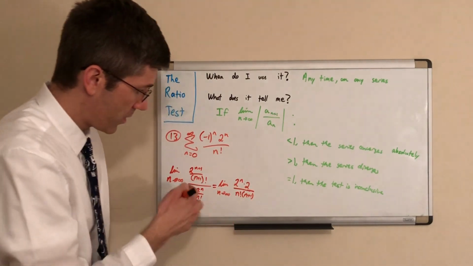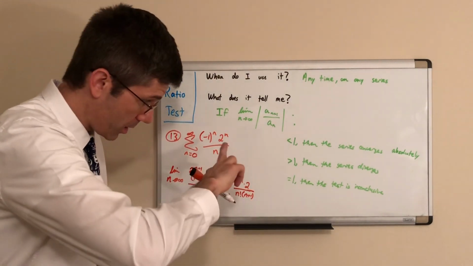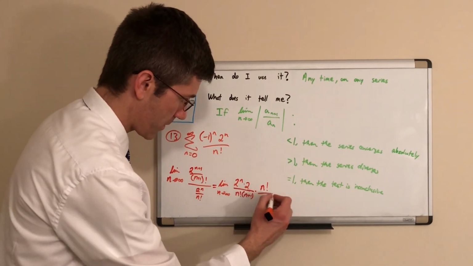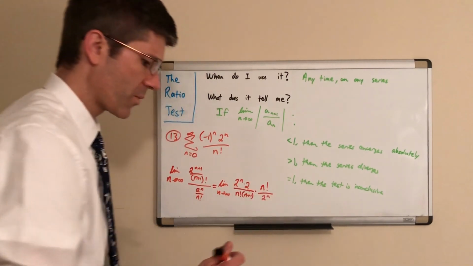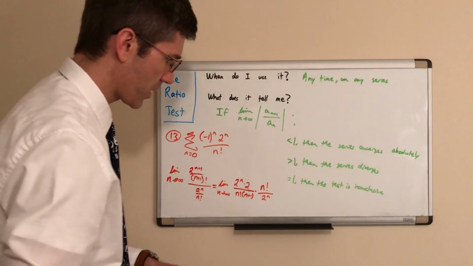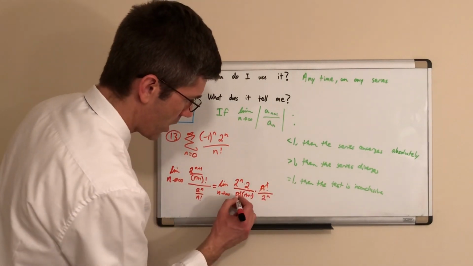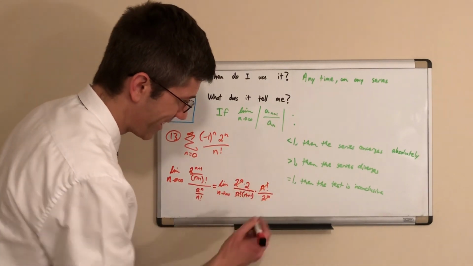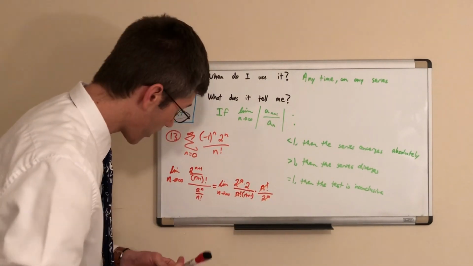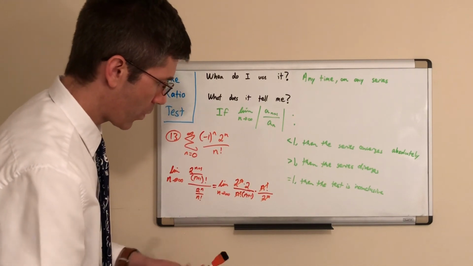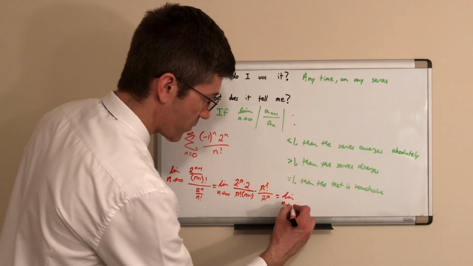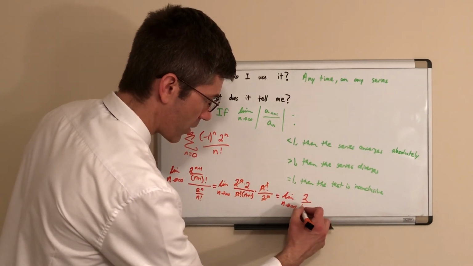And then this would be reciprocated and brought up, multiplied, so times n factorial here, and then 2 to the n here. And then we have some obvious cancellation that can take place. So we have n factorial that's gone. We have 2 to the n, it's orange. You have to get right up on it to see that. And we are left with the limit as n approaches infinity of 2 over n plus 1.